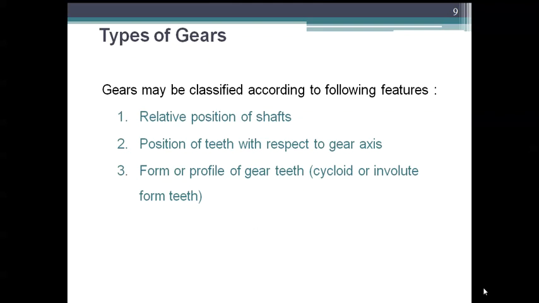In the first one it is the position of the shaft axis with the gear axis. The next one is the position of teeth with respect to the gear axis. And the third one is the form or profile of gear teeth, which we have already seen: cycloidal and involute. The next ones are according to the peripheral velocity of the gears and according to the type of gearing.